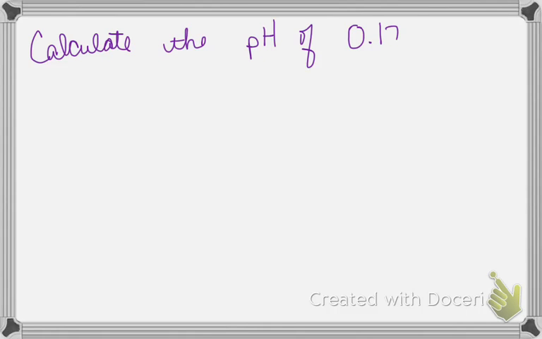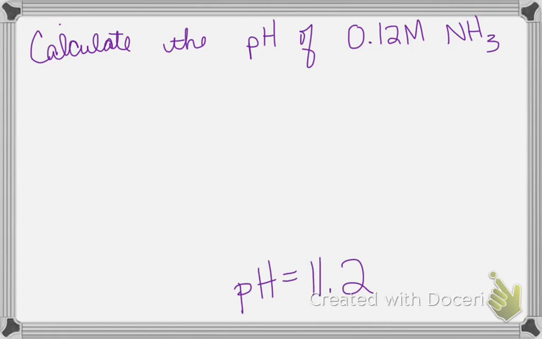Let's calculate the pH of 0.12 molar ammonia. So I'll look up my Kb.